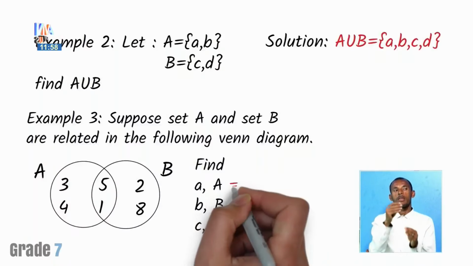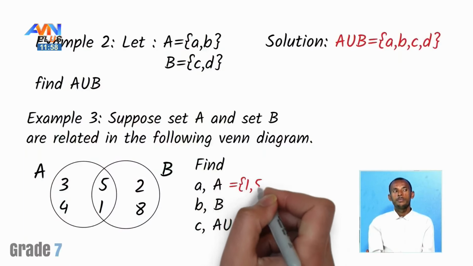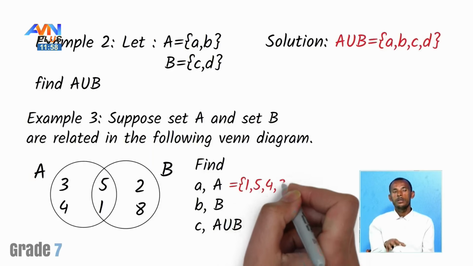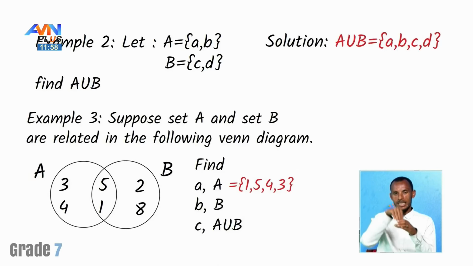Set A contains the element inside circle A. The elements are 1, 5, 3, and 4. Set A contains the elements 1, 5, 4, and 3.